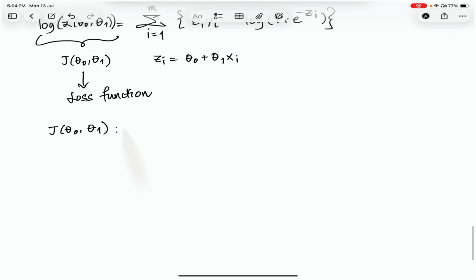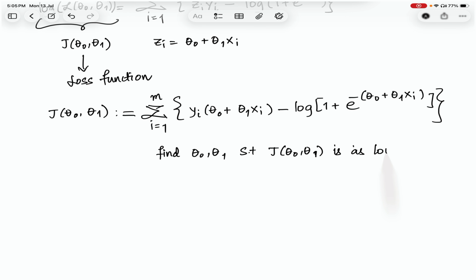The right curly brace always comes out wrong. And our job is to find theta 0, theta 1 such that j of theta 0, theta 1 is minimized, or the value is as low as possible.